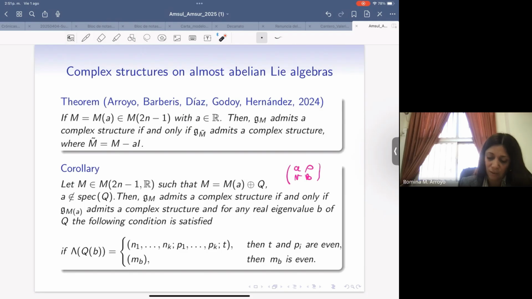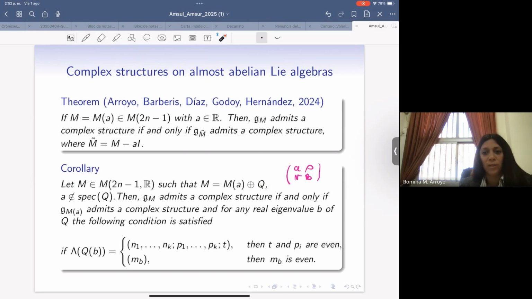So in general, you can write a matrix like this as a sum of the part which only has eigenvalue A and the part which does not have A as an eigenvalue. Then G_M will admit a complex structure if and only if this part, G_{M_A}, admits a complex structure, and then this Q lies in one of these sets.